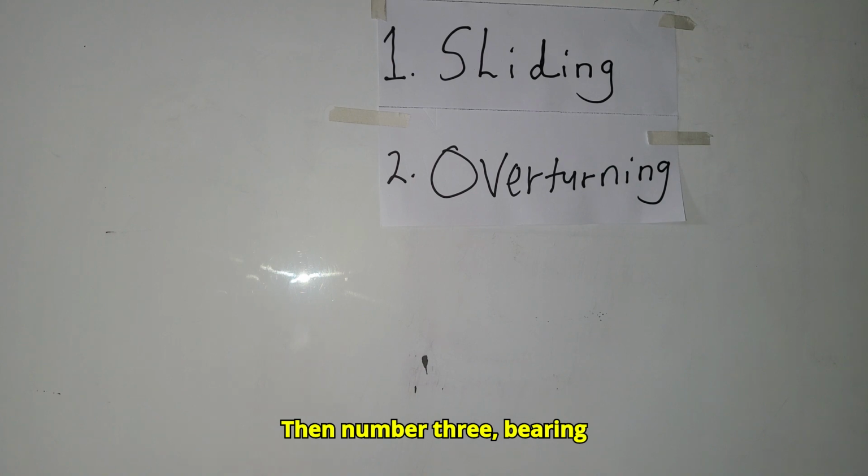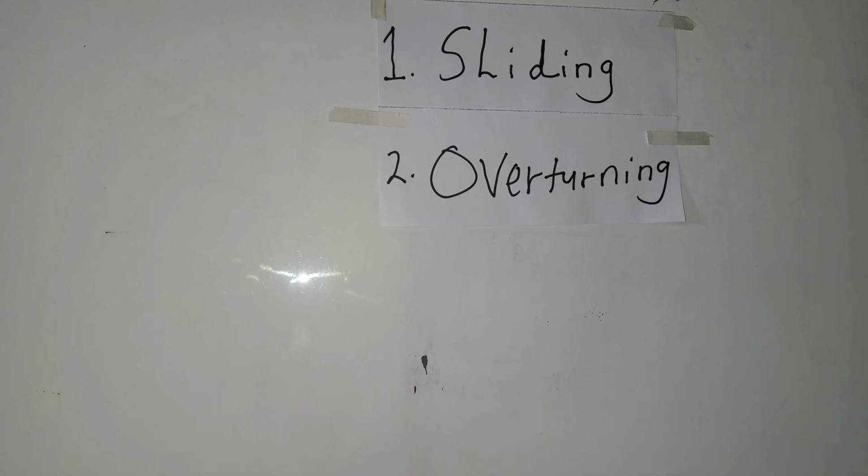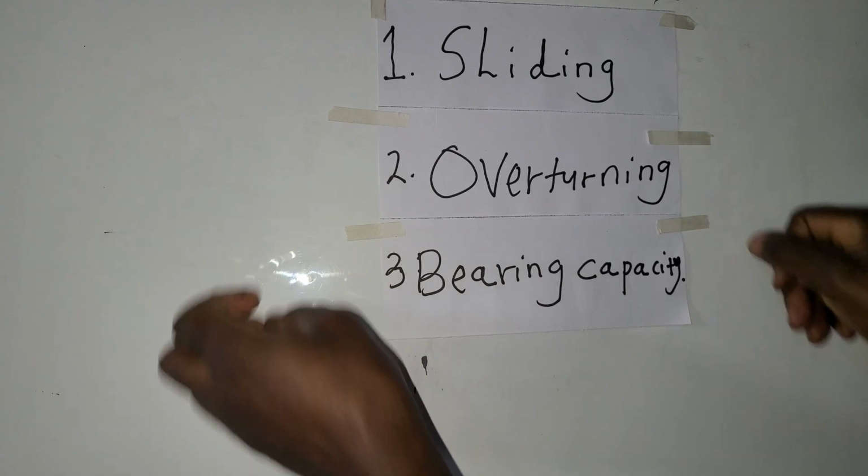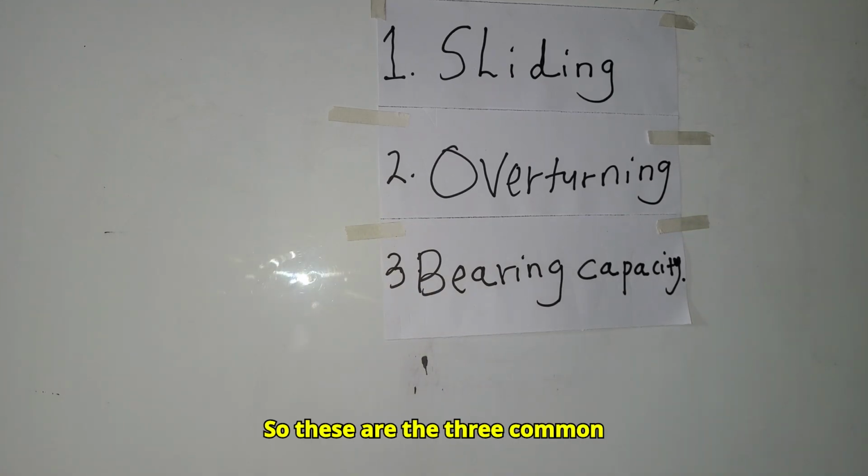And number 3, bearing capacity. So these are the 3 common failures of a retaining wall. I will illustrate using sketches, and we begin with number 1, which is sliding.